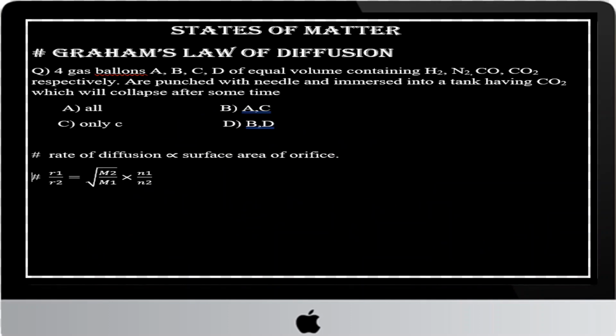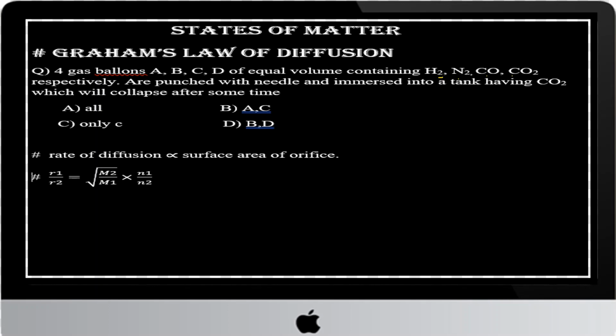Here is another theory question and logical question for you. Four gas balloons A, B, C, D of equal volume containing hydrogen, nitrogen, carbon monoxide, carbon dioxide respectively are punctured with a needle and immersed into a tank having carbon dioxide. Which will collapse after some time?